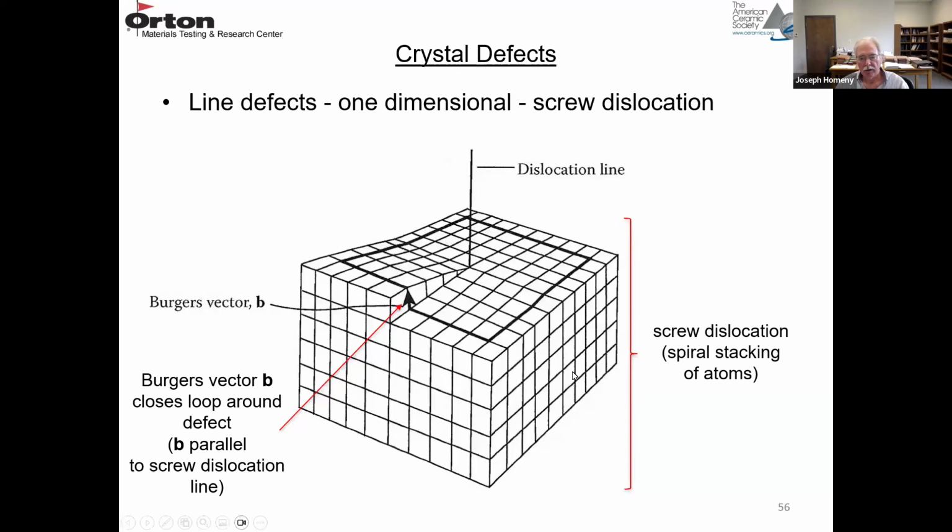We saw binary compounds, ternary compounds. It just makes it difficult for a dislocation to move. But in some single crystals at high temperatures, you do have dislocation motion, and that adds to creep behavior in refractories at high temperatures.